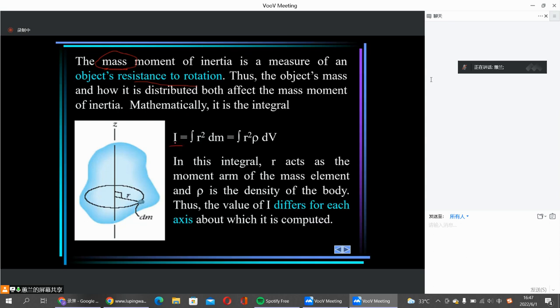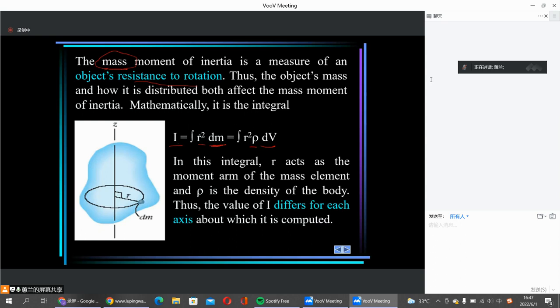First we use big I to indicate the mass moment of inertia, and dm is the mass of the element. r is the radius, which acts as the moment arm of the mass element. The mass of the element is equal to the density times its volume.